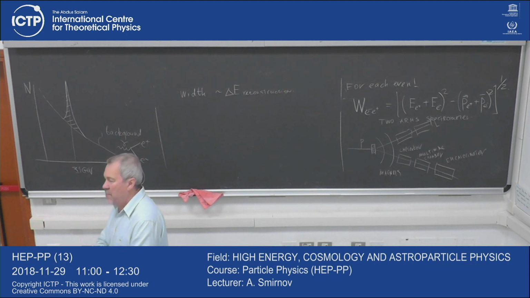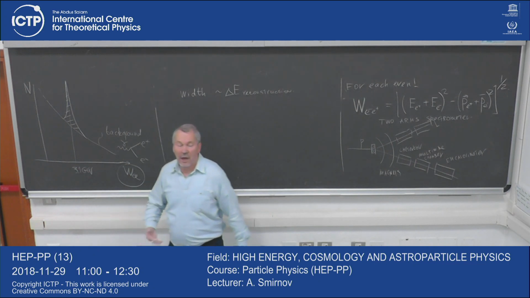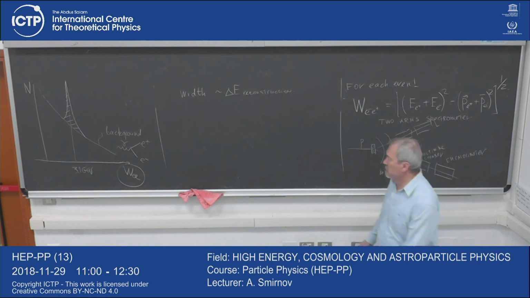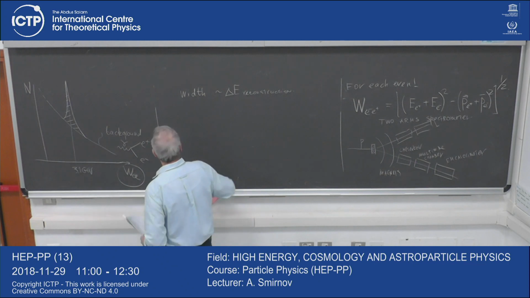But just for the time being, because I will describe various discoveries, if you have production of new particles, it shows up as some peak, some excess of events in a certain range, and this is in the range where W coincides with the mass. So what is the conclusion? The conclusion is that here we have this excess of events.